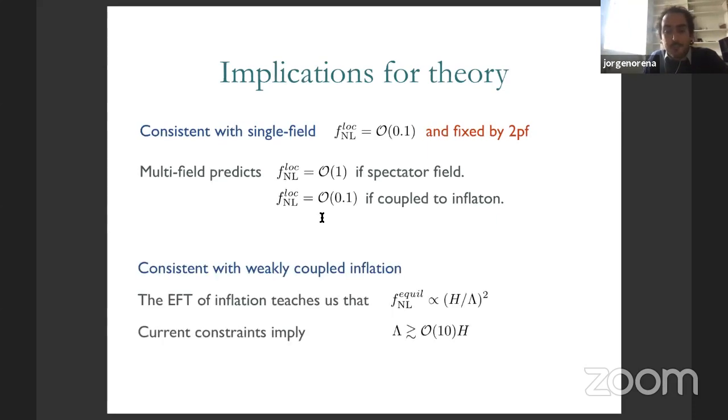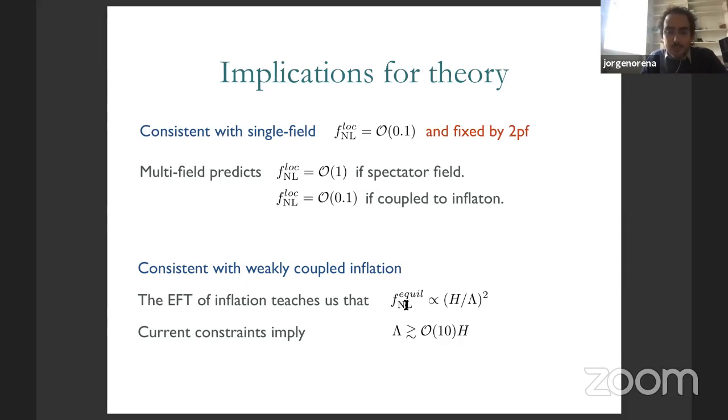What about the other shapes? The equilateral, the orthogonal, etc. From these, we learned that the theory is consistent with a weakly coupled inflaton, meaning that these cubic operators are not very large.